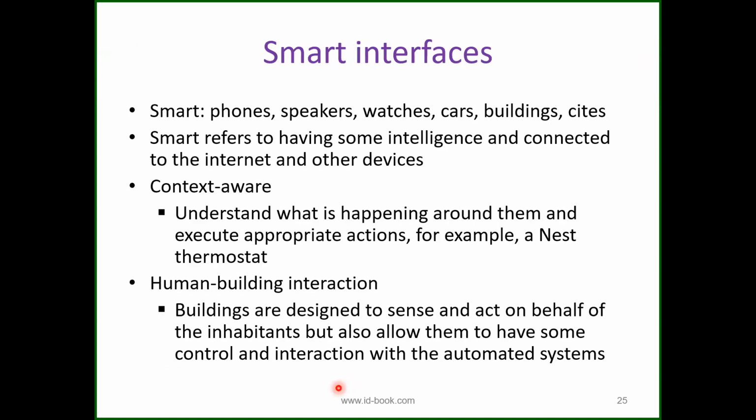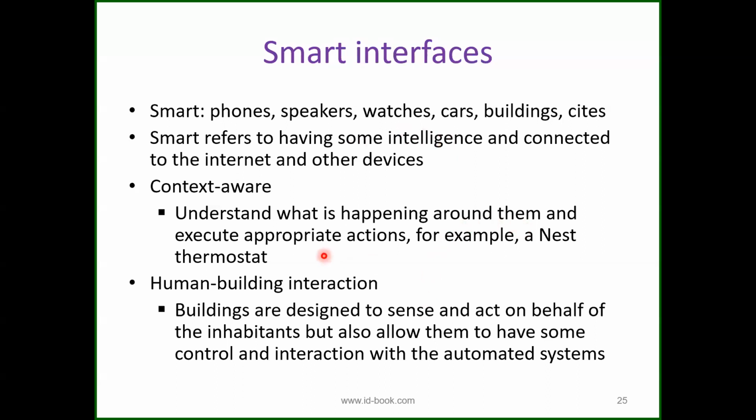Then we have smart interfaces like phones, speakers, watches, cars, buildings. Even buildings are smart buildings nowadays, and cities are also smart cities. They have some intelligence and are connected to the internet and other devices. Context awareness is a very important part of smart cities or smart interfaces, which understand what is happening around them and execute appropriate actions.